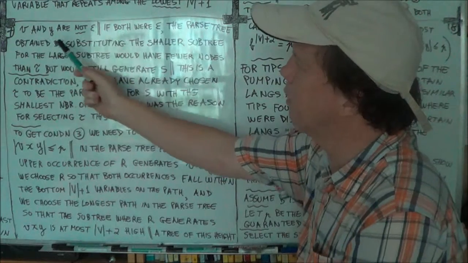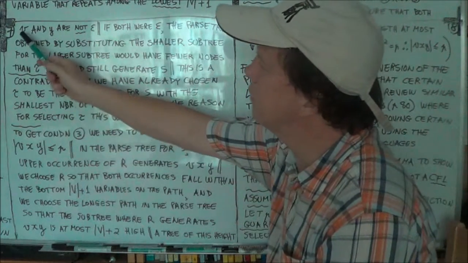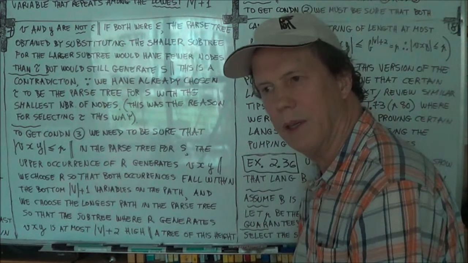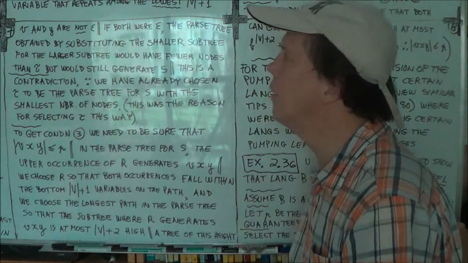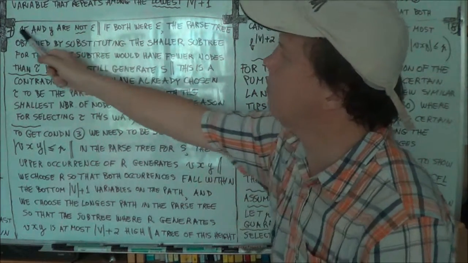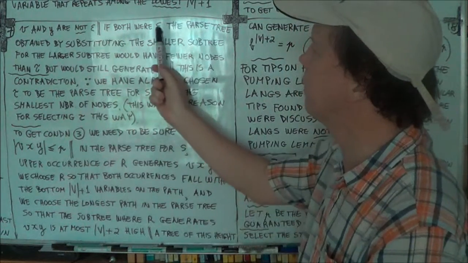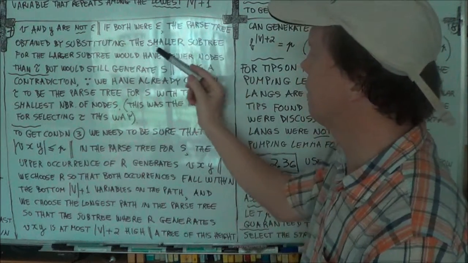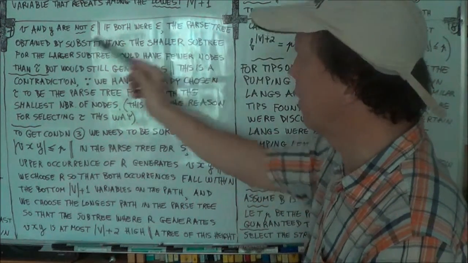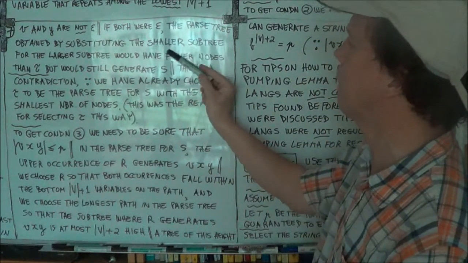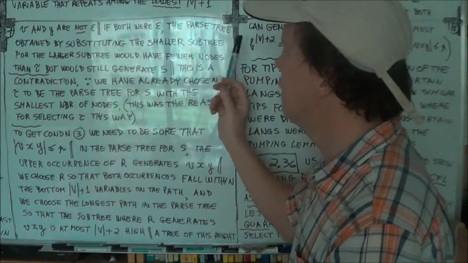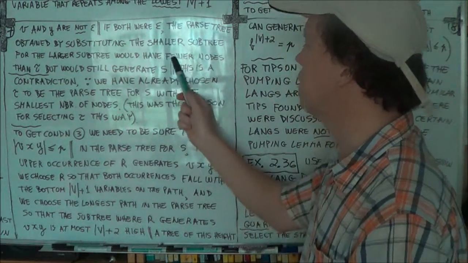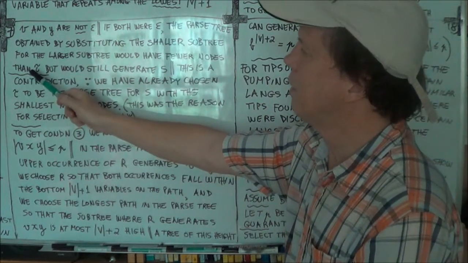Alright, now we're trying to prove the second condition, and that was if you concatenate V and Y, the size of that, vy, has to be positive, it can't be 0. And so if both V and Y are the empty string epsilon, well then if you throw away the larger subtree and replace it by the smaller subtree, the resulting parse tree would have fewer nodes than tau.